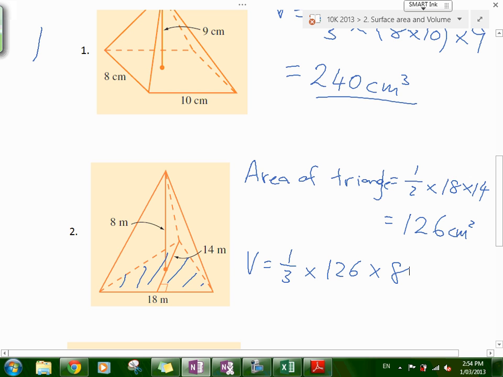Find that for me, please, Chelsea. 336 cubic centimeters. Not centimeters, right?